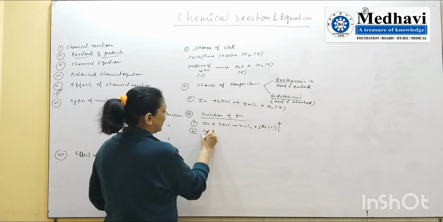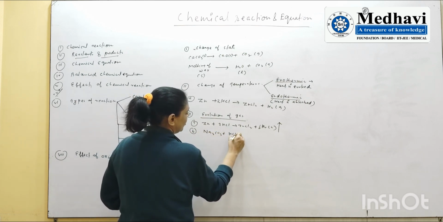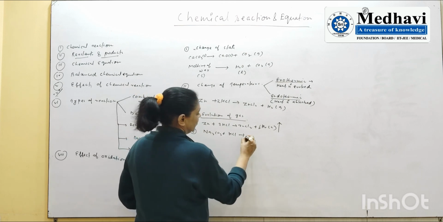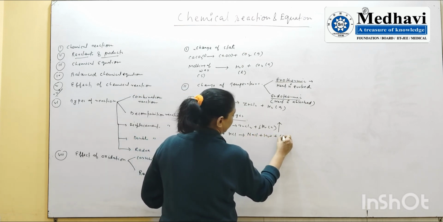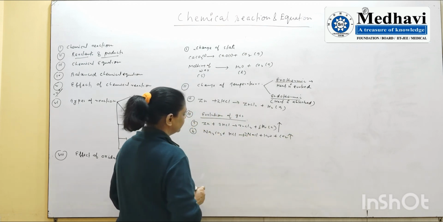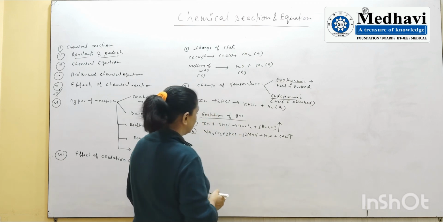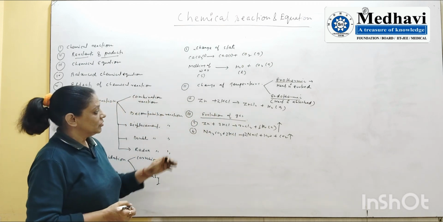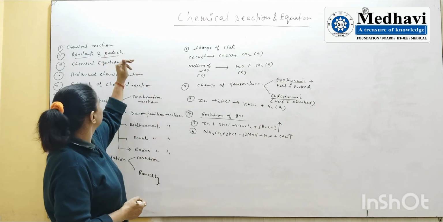Second, when sodium carbonate is taken with an acid, another gas is evolved, that is carbon dioxide gas. So these are examples of evolution of gas.